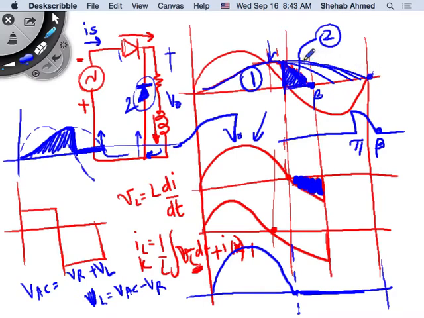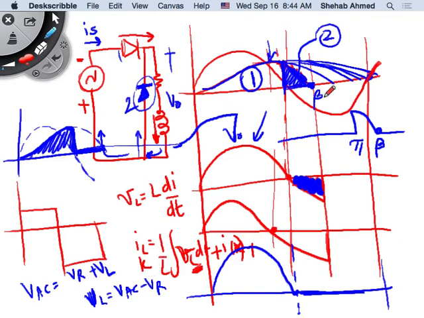Assuming I had a very large value of L, then I may still have current in my circuit. So there may still be a value for VR, and this VR value may still be positive. So it will not happen exactly at this point, maybe a little bit beyond this point, when VR and VAC become equal.